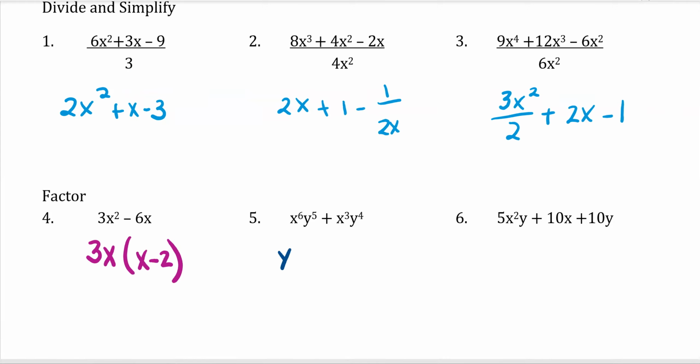Number 5, x cubed y to the 4th is the greatest common factor. Number 6, the greatest common factor is 5.